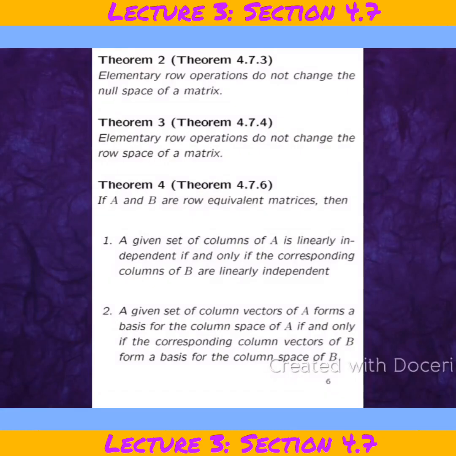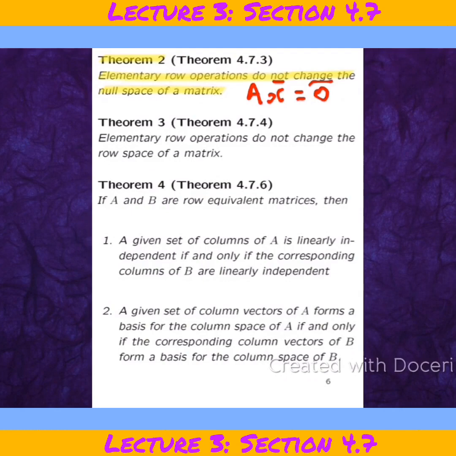Right, that brings us to Theorem 4.7.3. Elementary row operations do not change the null space of a matrix. So if you have a linear system from this equation here, you set up a homogeneous linear system.